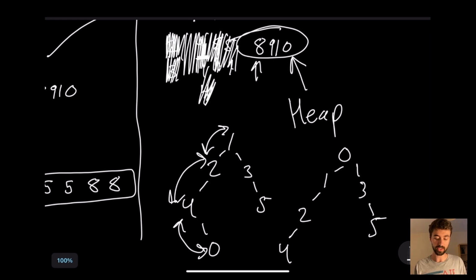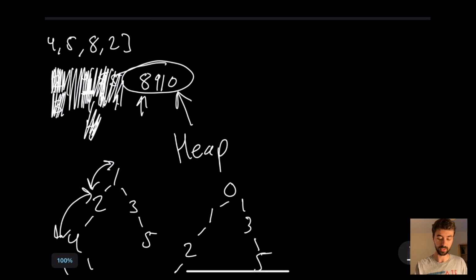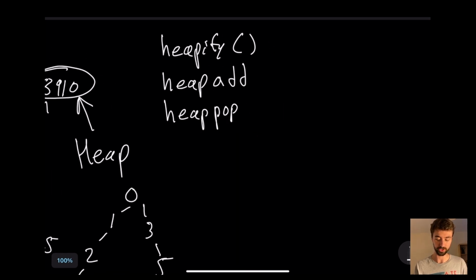So I think this is what we're going to use, and there's a built-in function in Python called heapify, which turns an array into a heap. And then we can add things by saying heap add, I think, and heap pop. This might be heap push.